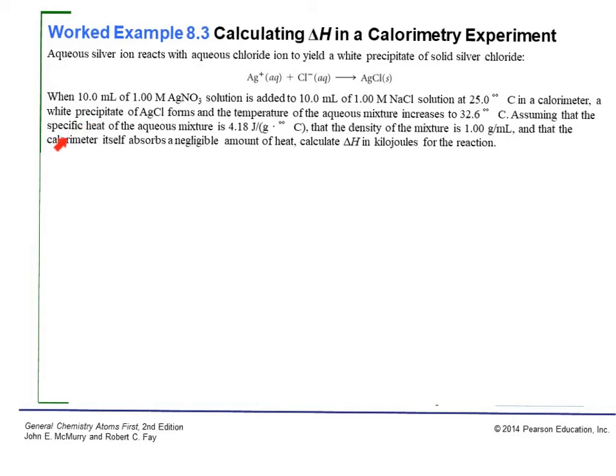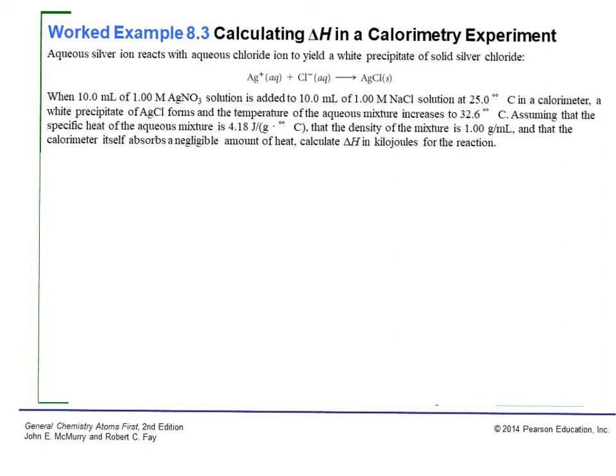Assuming the specific heat of the aqueous mixture is 4.184 joules per gram per degree Celsius, and that the density of the mixture is 1 gram per milliliter, and that the calorimeter doesn't absorb any energy, calculate the change in enthalpy in kilojoules for this reaction.